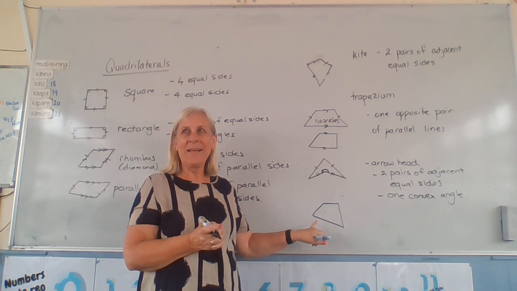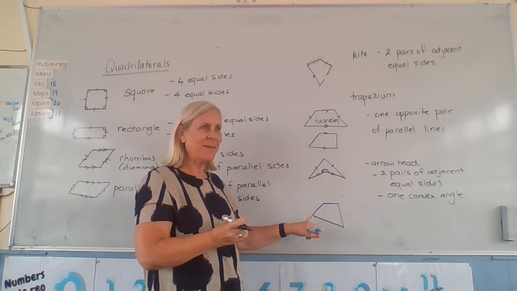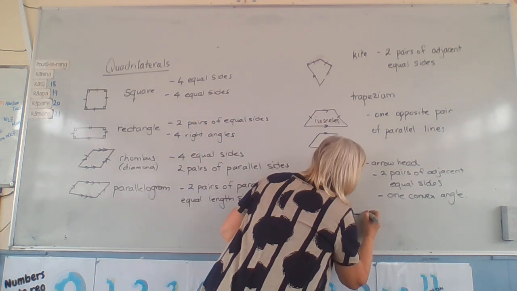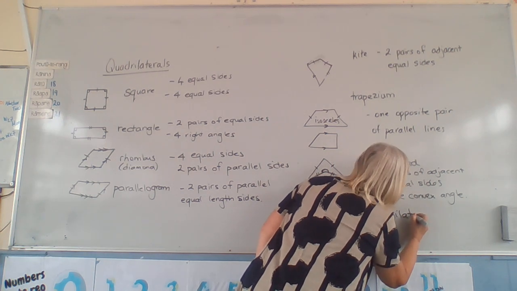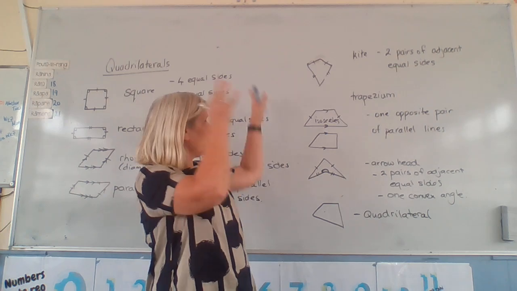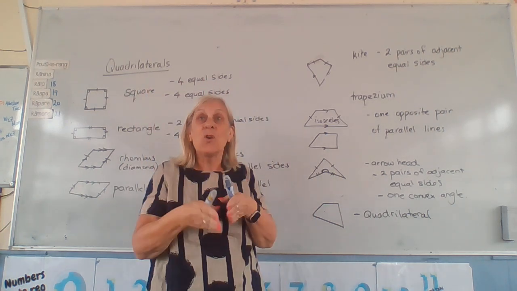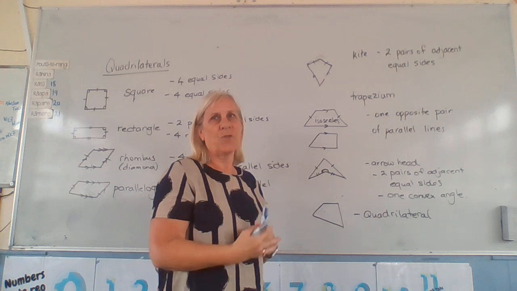Go on, Taylor. The best name, Kelly-Mae? It is perfect. Anything that's not one of those others is a quadrilateral, a four-sided shape. All right? So if you can't fit it into one of these others, it's still got four sides. Still has to have a name. Its name is a quadrilateral.